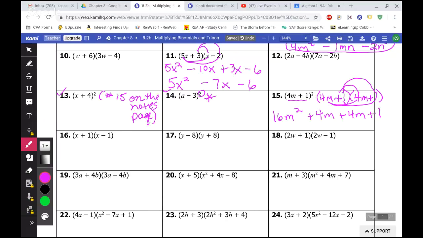So that's all the multiplication step. The FOIL step is the multiplication step. And now we're going to combine like terms. And if we've done FOIL correctly, that should be the two middle terms. And we're just adding 4m plus 4m. So your final answer should be 16m squared plus 8m plus 1.